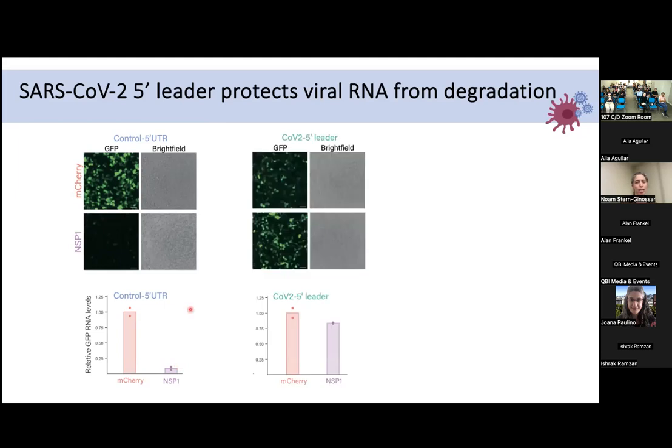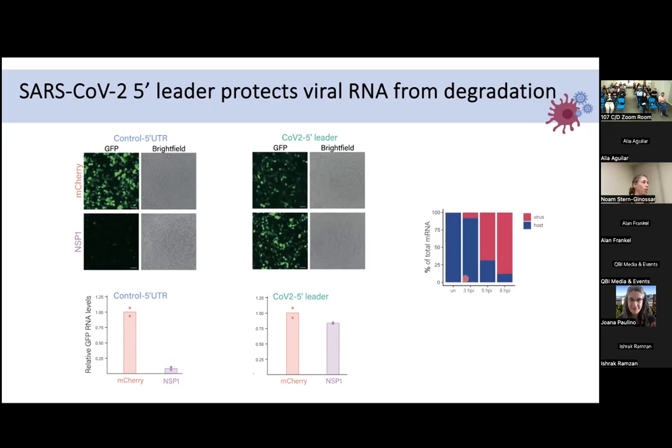And then amazingly, if we take the 5' leader sequence of SARS-CoV-2, which is shared by all viral transcripts, and we fuse it to the GFP as a 5' sequence, then we can rescue the GFP expression and also rescue the RNA from degradation. So basically, we think NSP1 degrades cellular RNA, and viral RNA escapes this degradation through their unique 5' UTR. And we think this can explain how within 8 hours post-infection, 90% of the mRNA in the cell is actually coming from the virus.